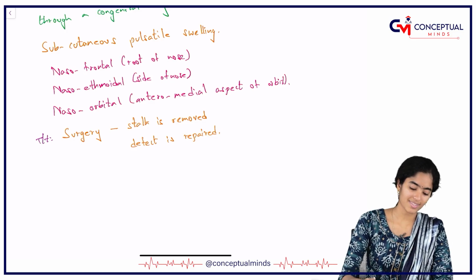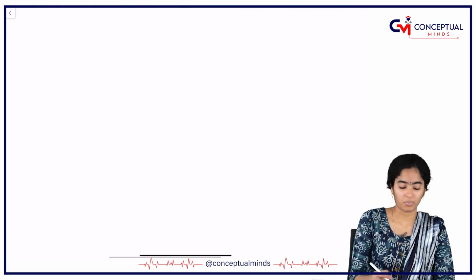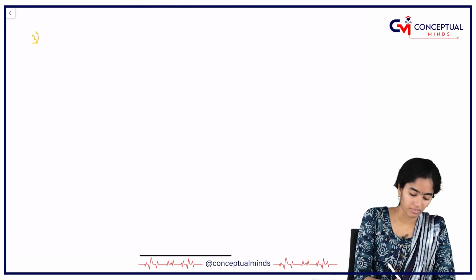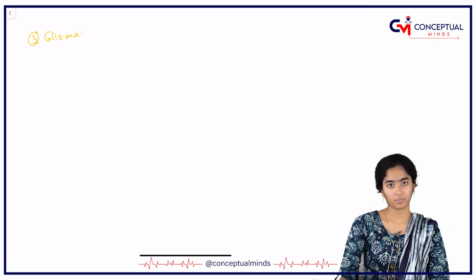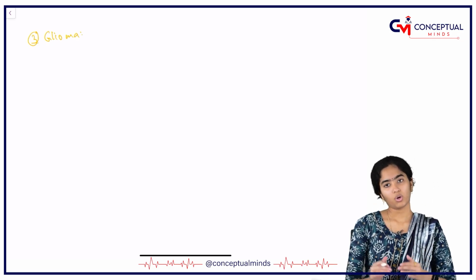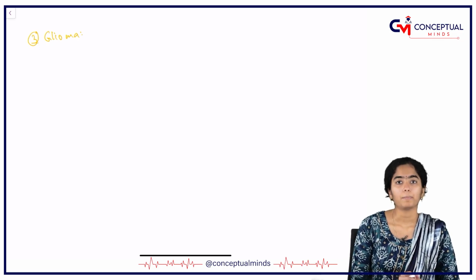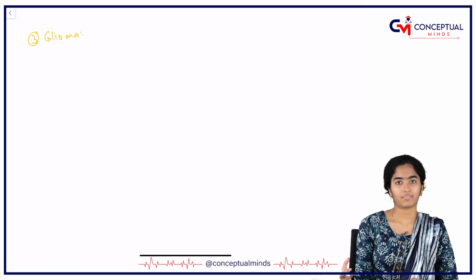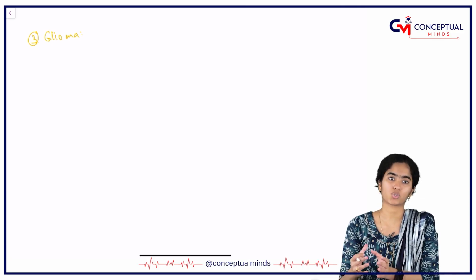And finally, last in this category is a glioma. What is a glioma? Now, glioma also to begin with starts like an encephalocele only, but somewhere during the embryonic development, the stalk is nipped off. Okay, so this now appears as an isolated, separate swelling.